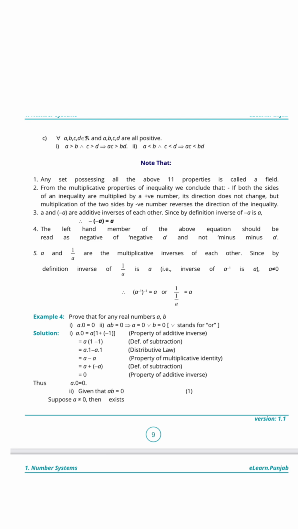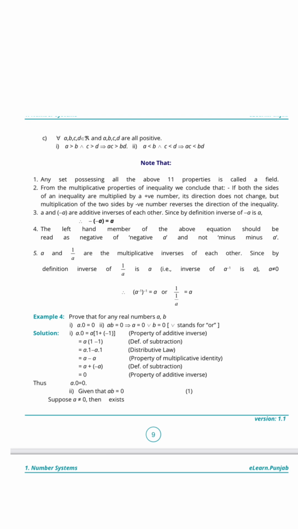This is written using the property of additive inverse, since 0 can be written as 1 minus 1. Then 1 will be multiplied with a, and minus 1 will also be multiplied with a, and it becomes a minus a, which is equal to 0. Thus a dot 0 equals 0.